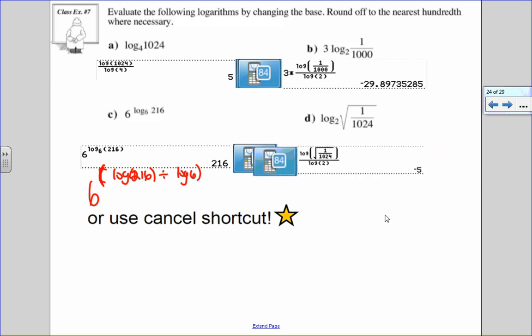We can enter it in like that, or using the change of base, I can say that log of the root 1 over 1024 is divided by log of 2. You can do that, and you would also get the answer of -5.